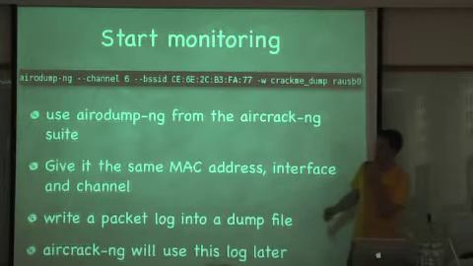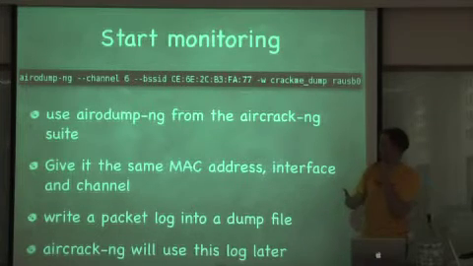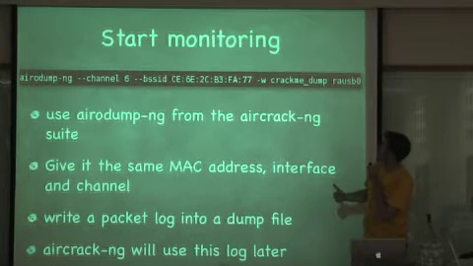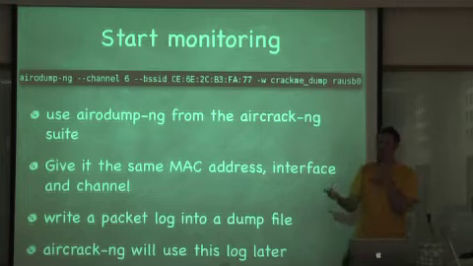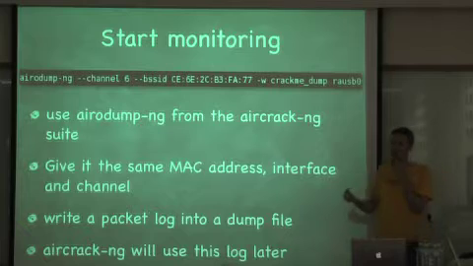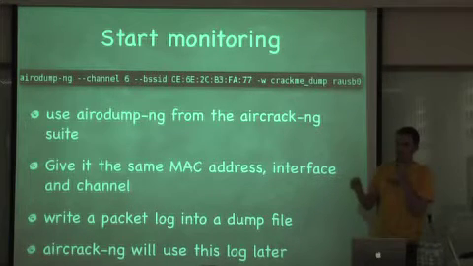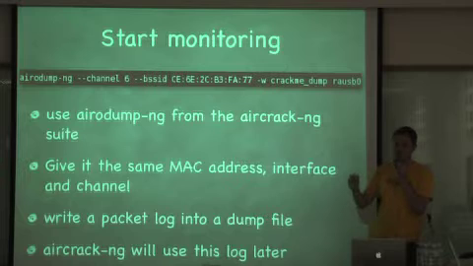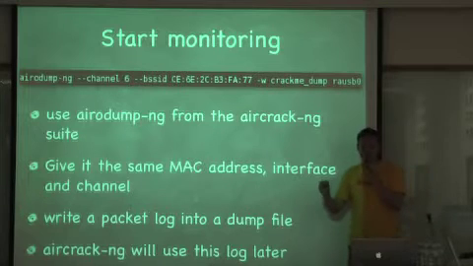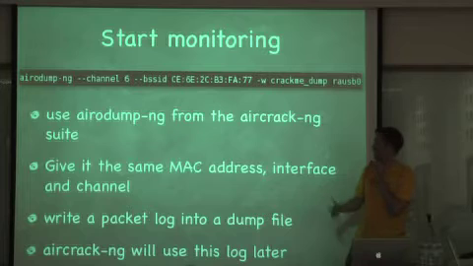Next, you start writing to a log the packets that are captured, and we need to capture what are called IVs, initialization vectors, and they leak information very slowly about the code that you can use to get onto the network.